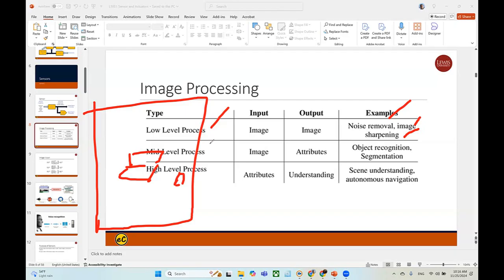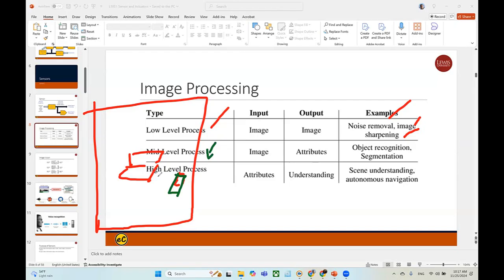Then we have mid level image processing, which means we try to do object recognition, segmentation, and edge detection to figure out the boundary of each object. We call it the middle level process.